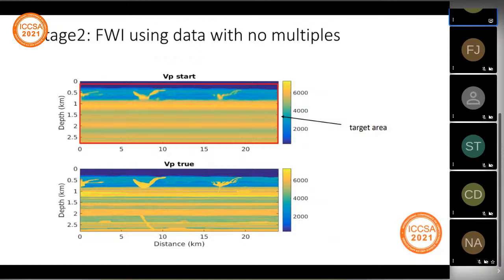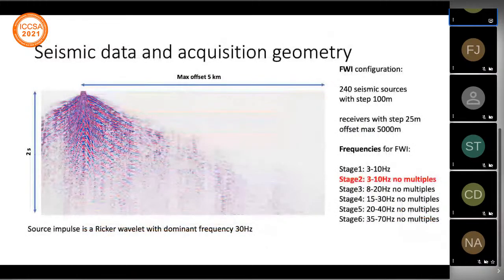While performing FWI in the time-frequency domain, it's common practice to use overlapping frequency groups. In our case, after the near-surface reconstruction in the frequency range from 3 to 10 Hz with surface-related multiples, we use the following set of frequency groups for FWI without surface-related multiples.